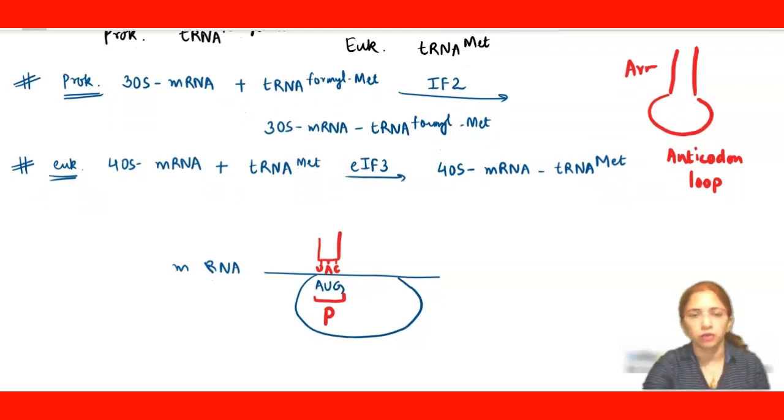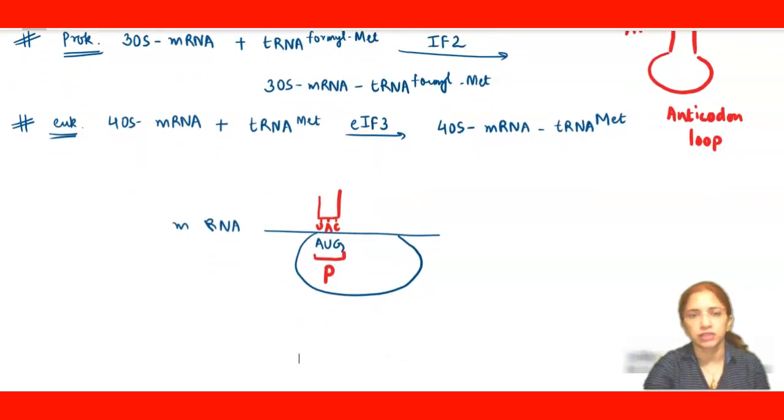Okay. Now we will come to the last step of the initiation, because we have to form the initiator complex. Once the initiator complex is formed, that means now we can step into the elongation process. So let's start with the next step. Now we already had this 30S messenger RNA.